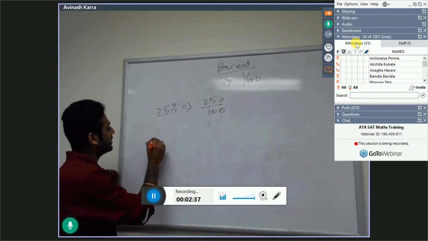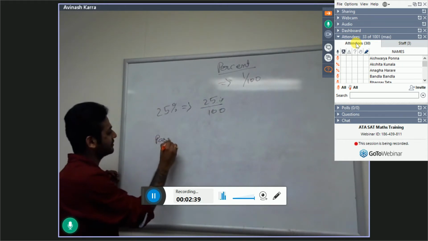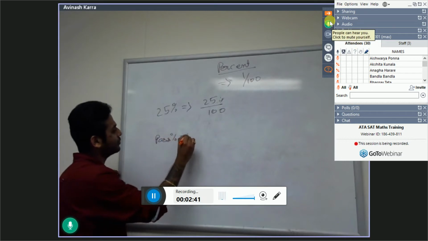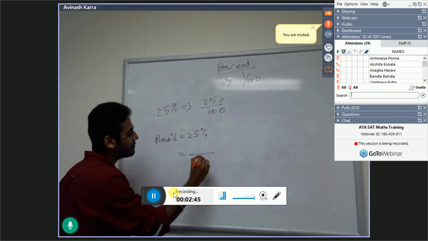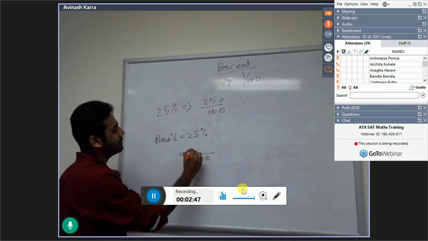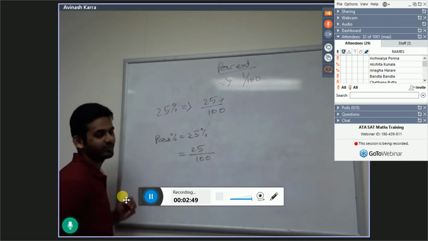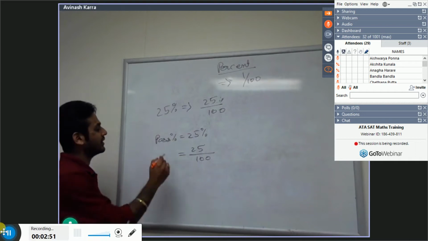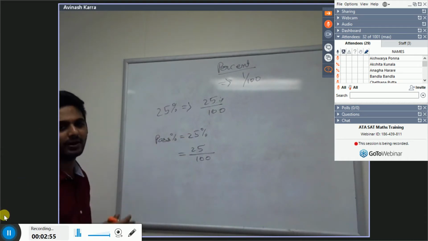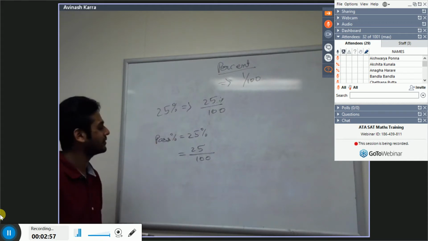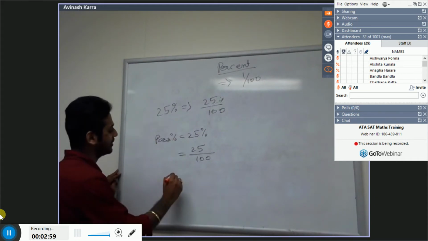In the same way, if pass percentage is equal to 25%, it means that for every 100 attempts, you will be passing 25 times. That is what percentage means. I know you guys know everything about this, but it's my duty to just brief it up. So just bear with me.